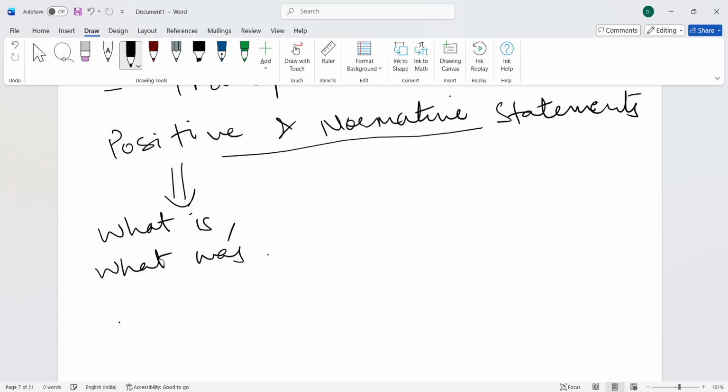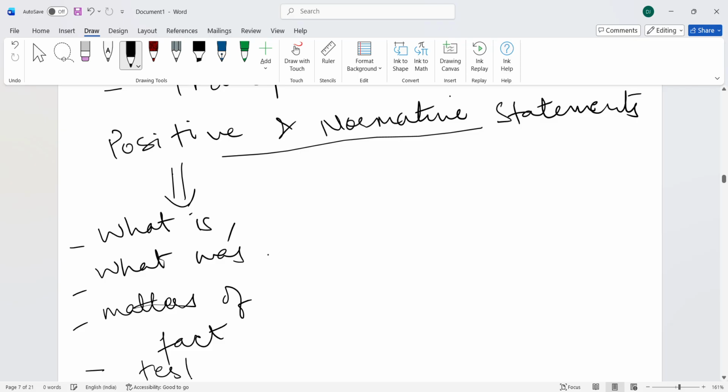These are statements about matters of fact. These statements can be tested.